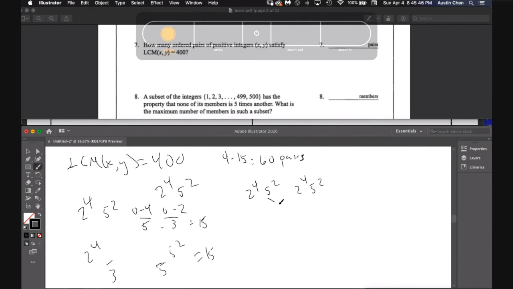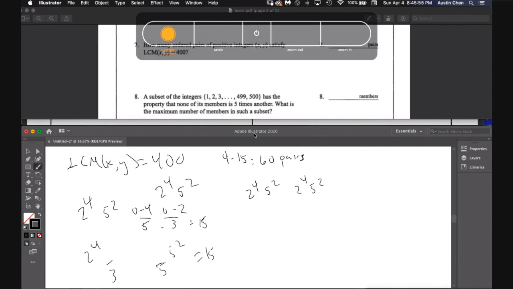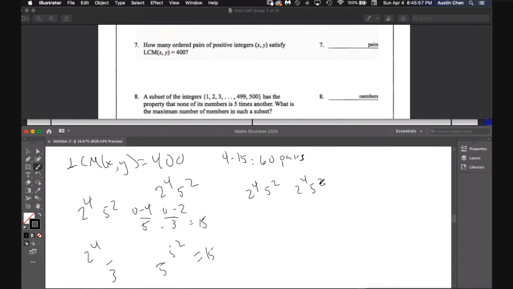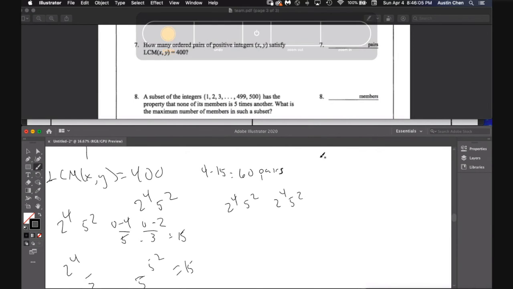Another time we counted it where 5 squared was on the x, 2 to the 4 was on the y. Another time we counted it where the 2 to the 4 was on the x and 5 squared was on the y. So we can see that we counted this case 4 times, right? But we only want to count each case 1 time, right? So then we would have to subtract 3 from our total number of pairs, right? Just from this case alone.